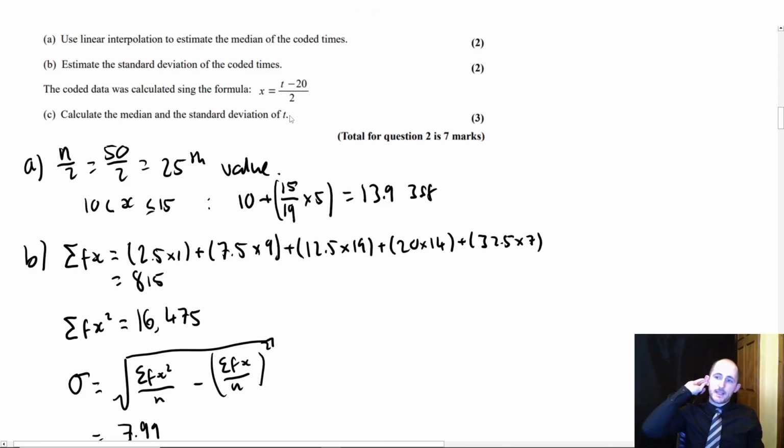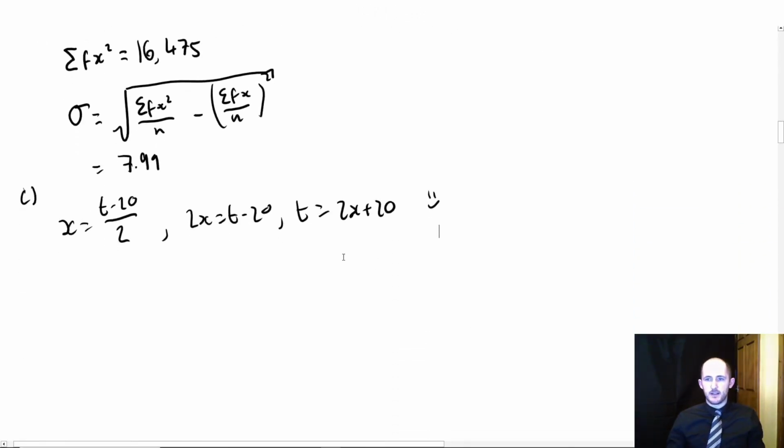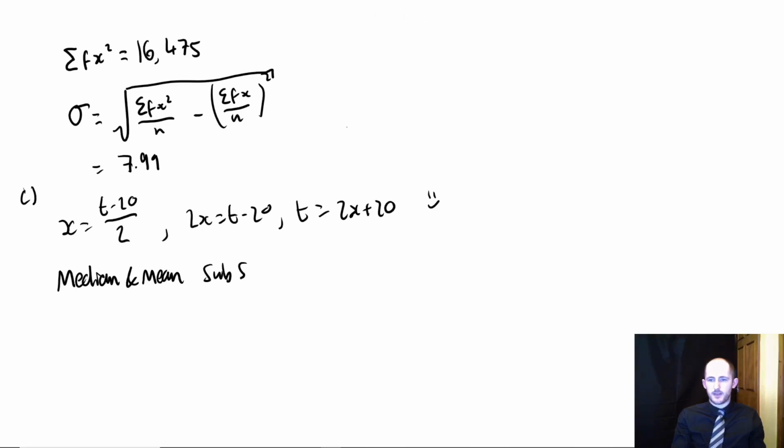Now, here's where things get a bit more interesting. The median and mean, you can just sub straight into this formula. Once you have your equation for uncoding the data, all you need to do is sub in. This is for the median, and if the question said mean, we'd just do the mean the same way.